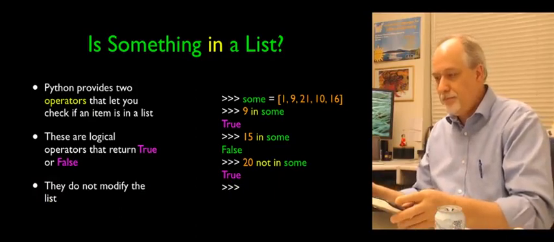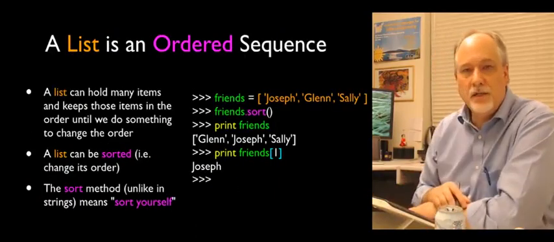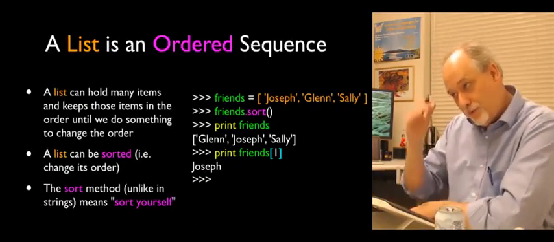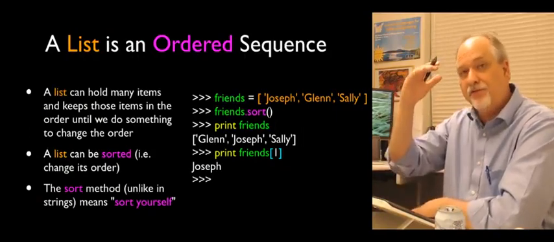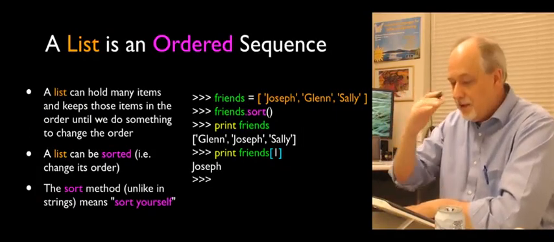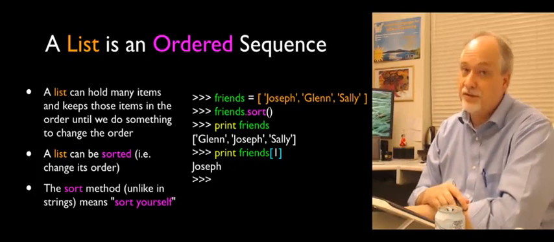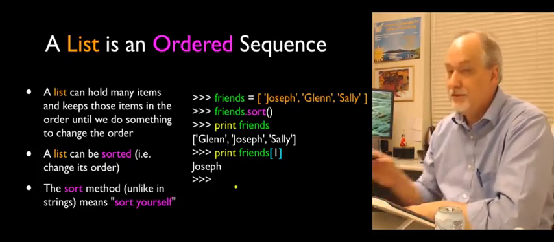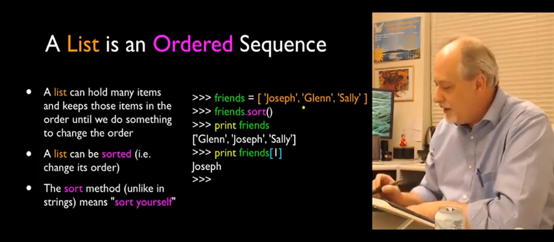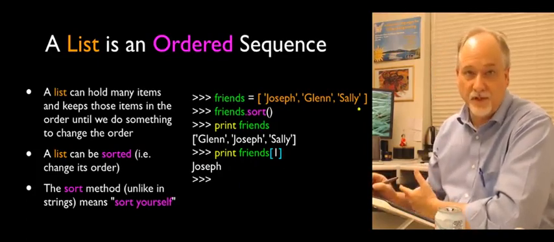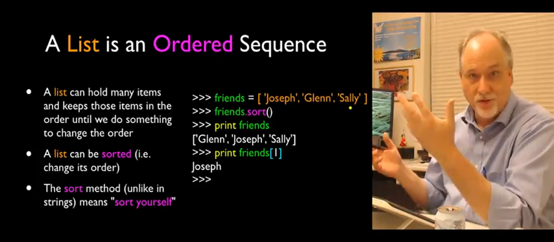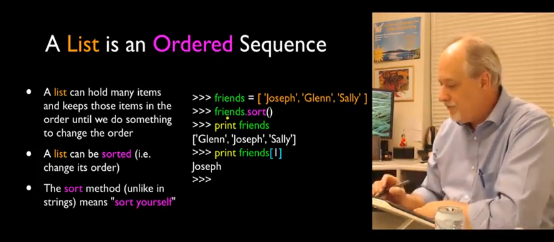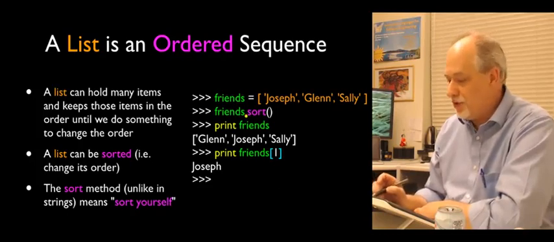Okay, so lists have order. When we were appending, the first thing went in first, the second thing went in second, and so on. And we can also tell the list to sort itself. So one of the things that we can do with a list, now we're starting to see some power here, is say sort yourself. This is a list of strings. It can sort numbers. It can sort lots of things. Friends.sort. That says, hey there, dear friends, sort yourself.